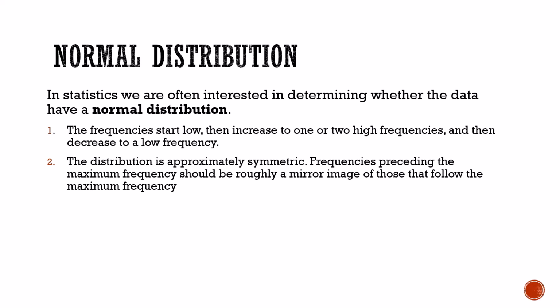Frequencies start low, increase to a couple of high frequencies, and then decrease. And it should also be roughly symmetric. So it should increase, then decrease, and it should do so in a symmetric manner.